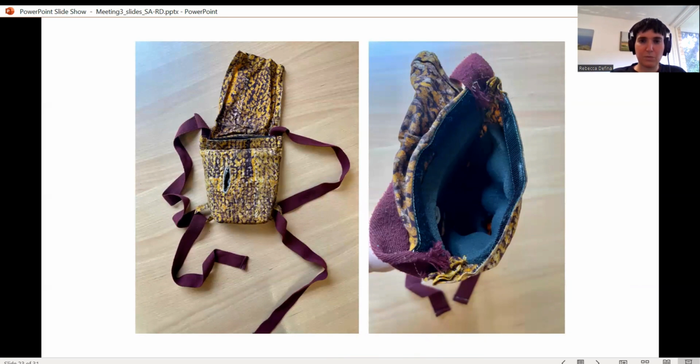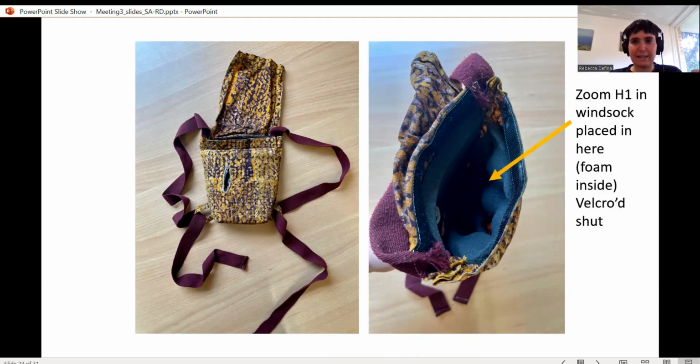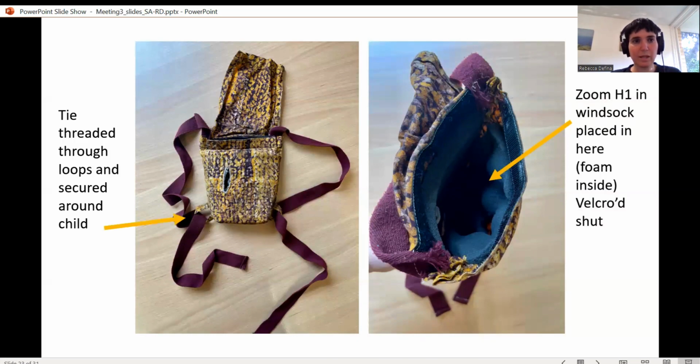Another one that I've done is a bit less fancy. It's these little bags that I made. It's a similar design in a way. You've got a small pouch, but this was for the Zoom H1, so you just put the recorder in there, and then this goes on the child's chest. You can see here the foam. This is the padding to help protect against the wind noise, and also to make it more comfortable for the child and protect the recorder.